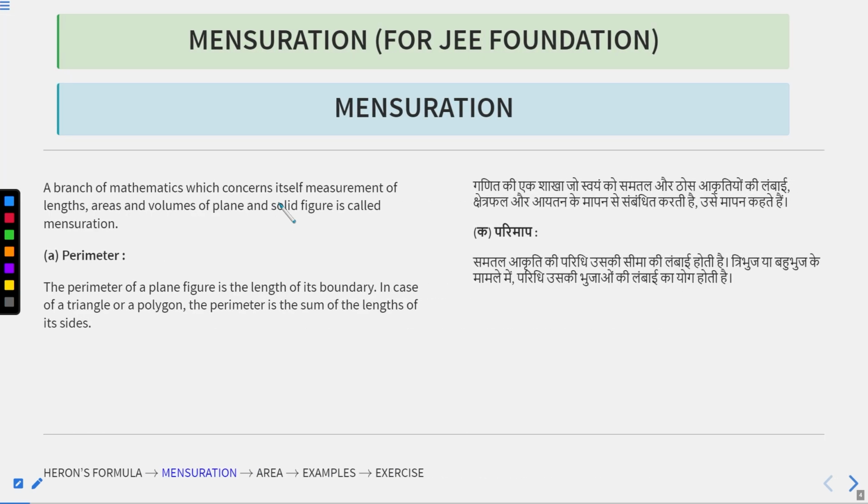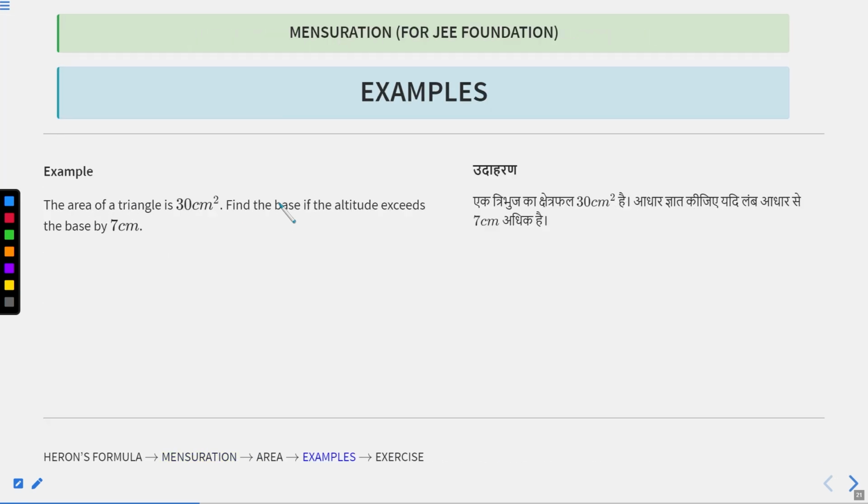The first example says: if the area of a triangle is 30 centimeter square. Always remember this term: whenever we say the area is this, we use the unit very carefully.